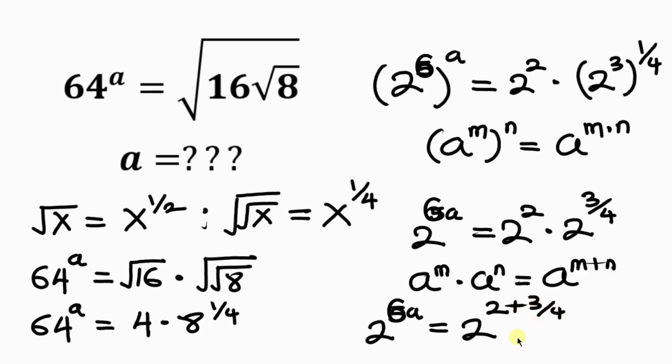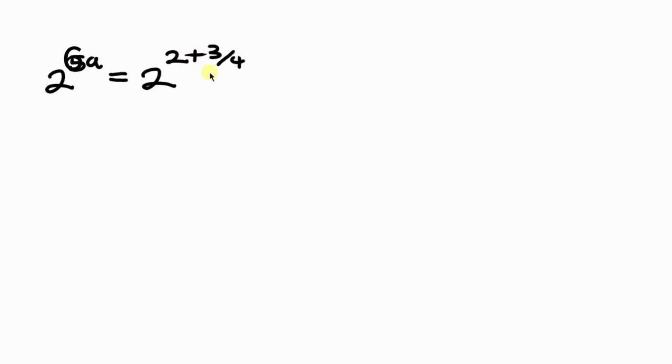Very good. Now let's do some simplification to this power. Here we have 2 plus 3 all over 4. Now to make this a fraction, I'll put over 1 here. Very good. Now we have to make the denominators the same. Here we have 4, so we have to make this 4. We can only do that by multiplying the denominator by 4.